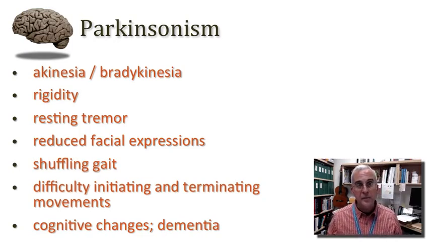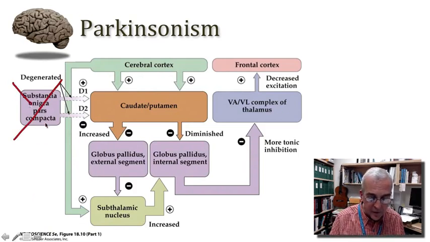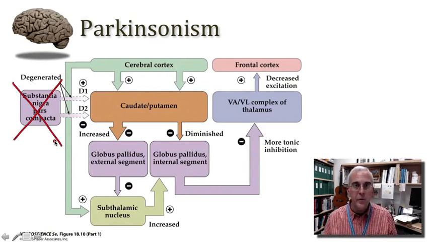Now, in idiopathic Parkinson's disease, we typically see these symptoms setting on after the 5th decade of life. So the underlying neuropathology that makes it appropriate to consider this disorder here in this discussion of the basal ganglia is that in Parkinson's disease, there is a loss of these dopamine neurons that are so important for regulating the balance between direct and indirect pathways.